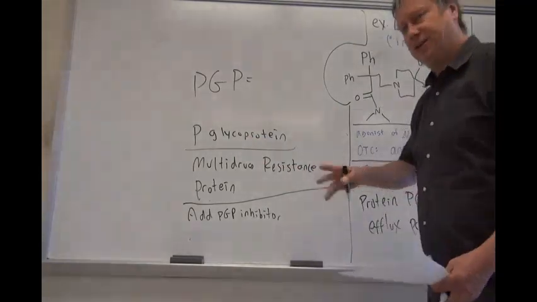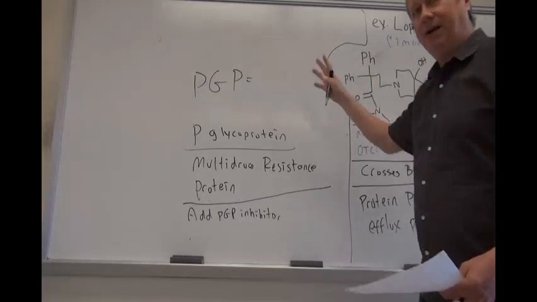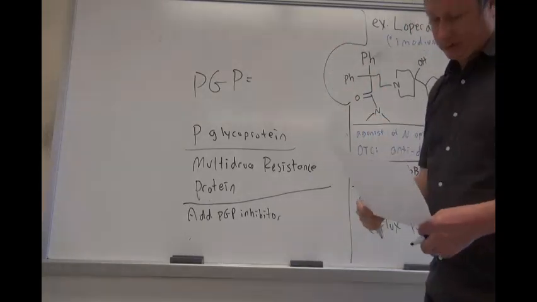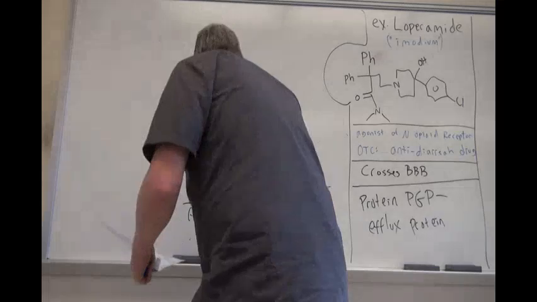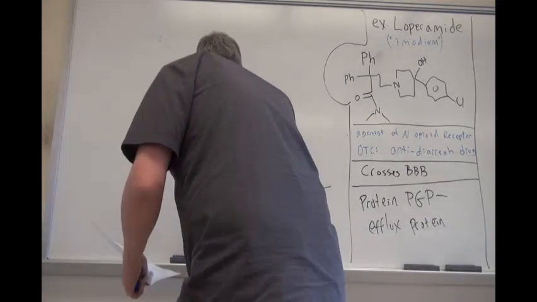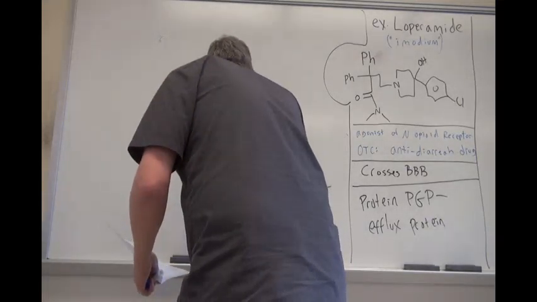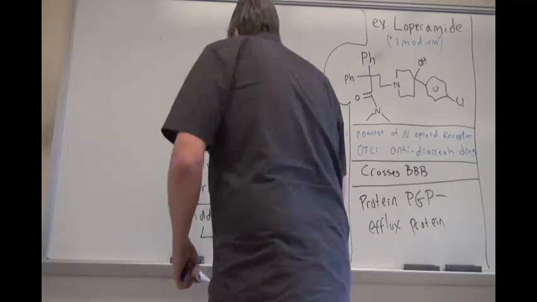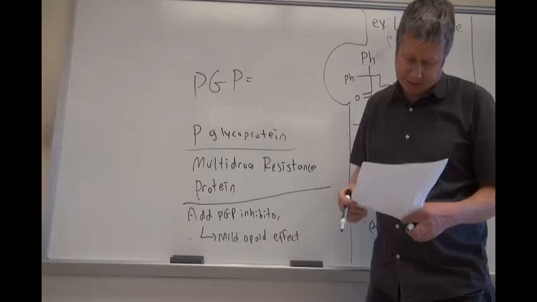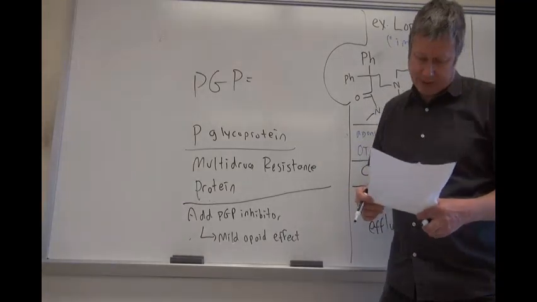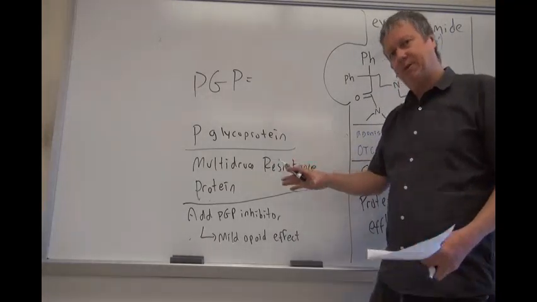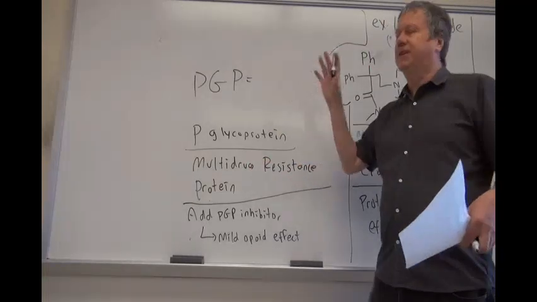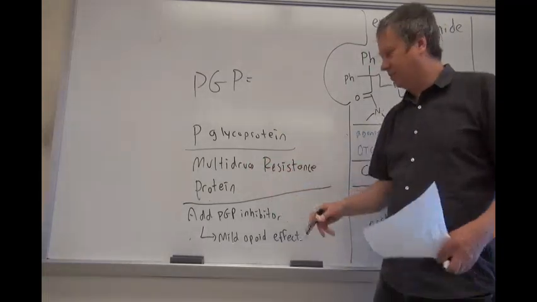The answer is you'd actually expect a mild opioid effect, and they observe that. Not necessarily anesthesia, but some effects on the respiratory system, like respiratory depression, are actually observed with these PGP inhibitors.